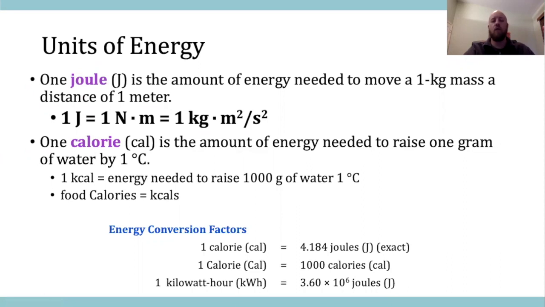So that is actually 1,000 regular calories. If you're looking at your Snickers bar and it says 200 calories, it's actually 200 kilocalories, right? If you're calculating down to the actual energy value, it's a kilocalorie.